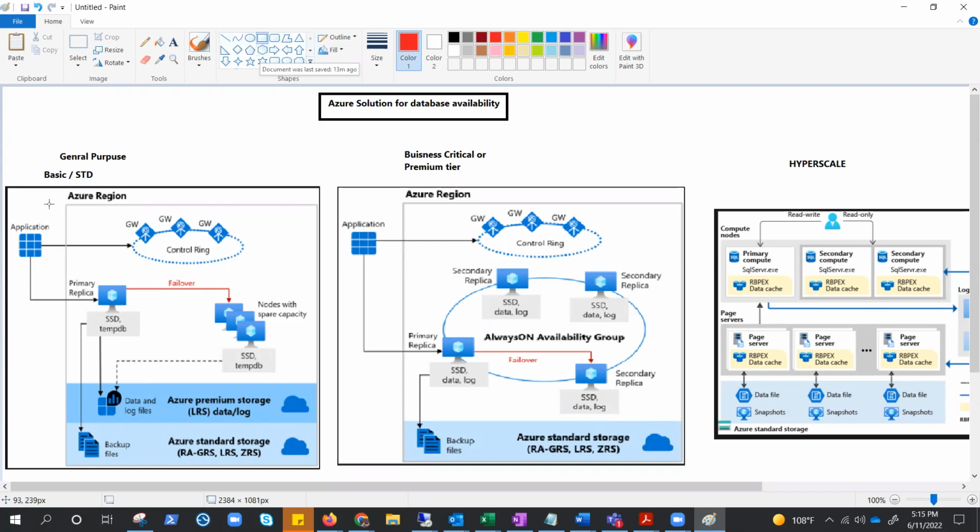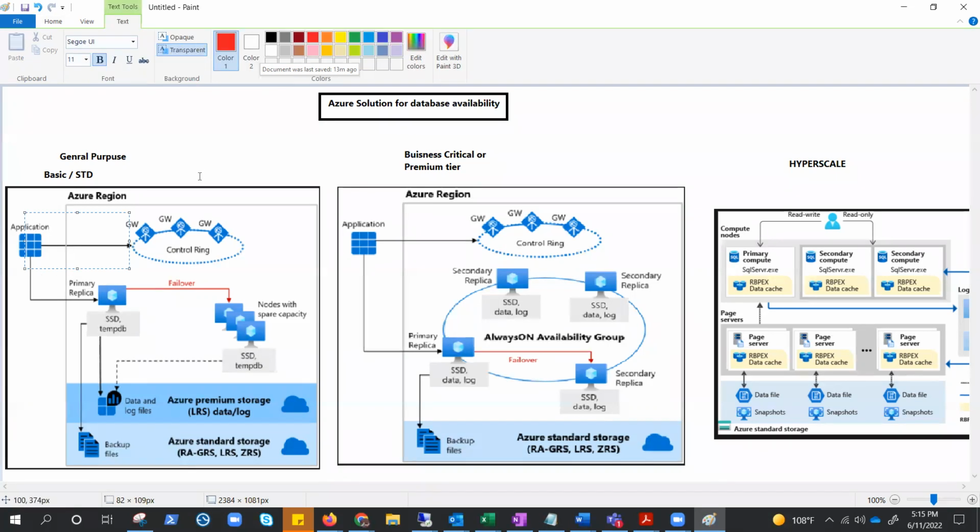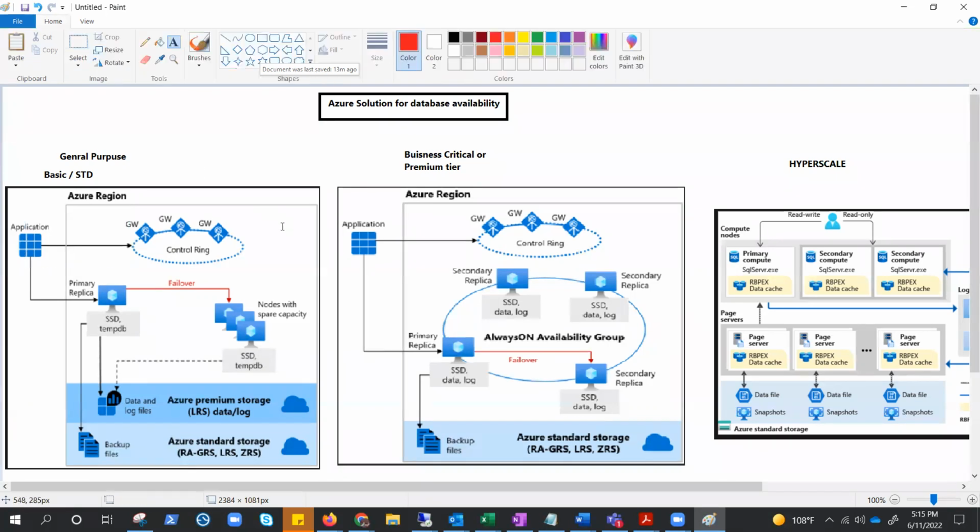Well, first, this application right here, it tries to connect to the server, right? Because whenever we create the database, there is a server that we have to create, the logical server, right? So the application connects to the server name, which then connects to the gateway right here.